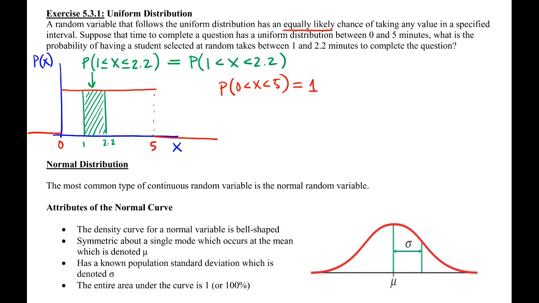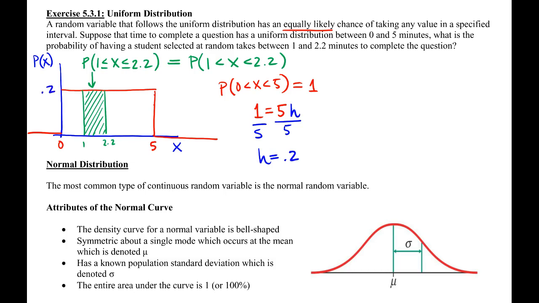And it's a rectangle, so we can easily figure out what this area is. We can see the base of our rectangle is 5. And the actual probability, whatever this is, that's our height, so I can just put this down as our h. If I want to figure out what h is, it's just 1 out of 5, or 0.2.